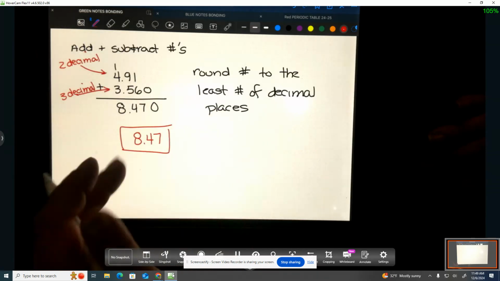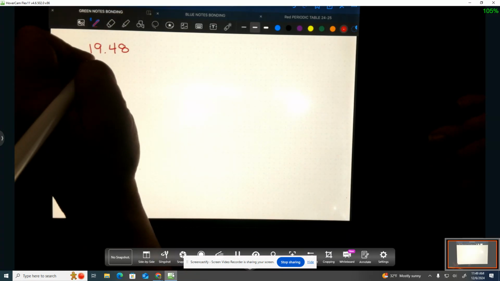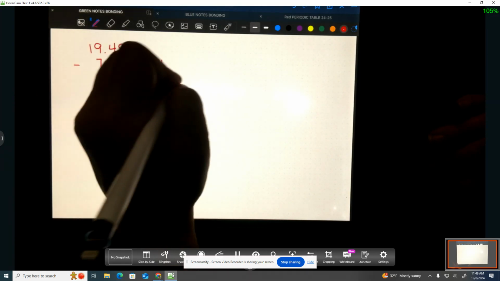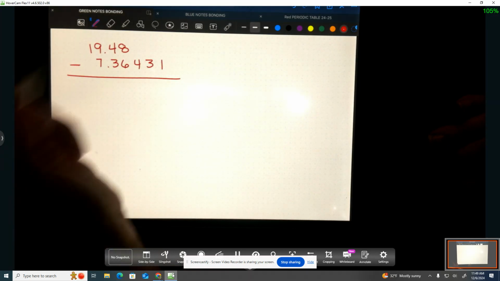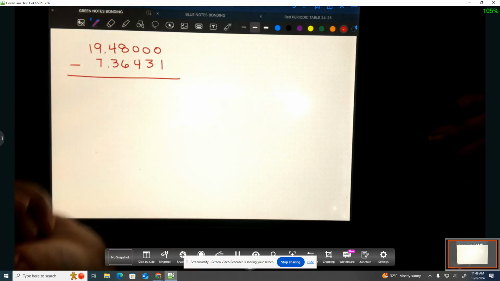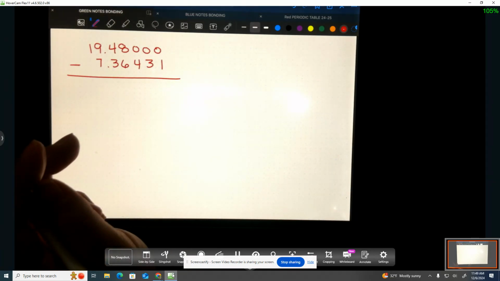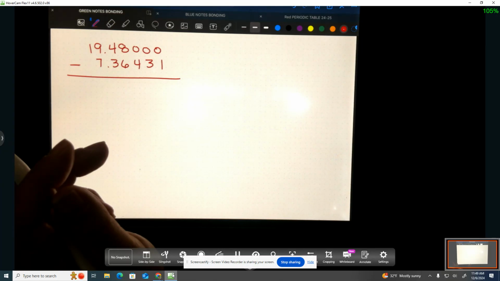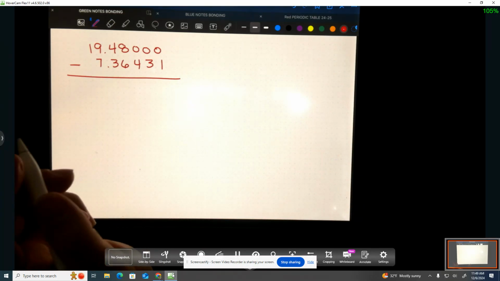All right, let's do another example of add and subtract. Let's do 19.48 minus 7.36431. Okay? I don't know. Just go with it. Put that in a calculator. Let's get a number.